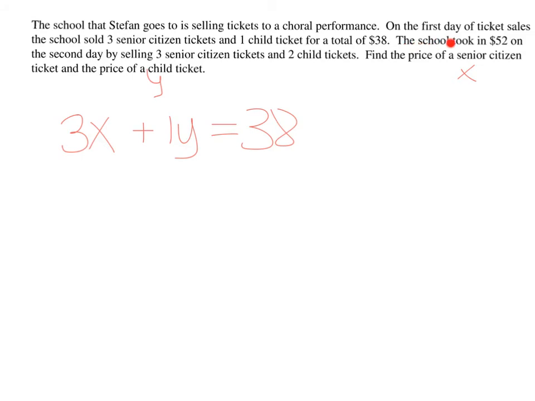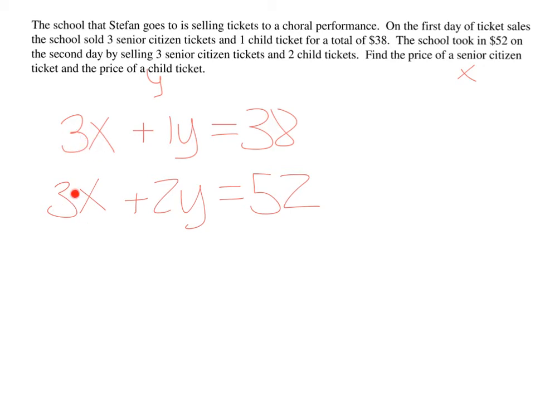And then the second one, the school took in $52 on the second day by selling 3 senior citizen tickets and 2 child tickets. So just like I did the first time, 3x plus 2y was equal to 52. And then after I have that, I can go ahead and solve. So it looks like this one is sort of set up for elimination already.